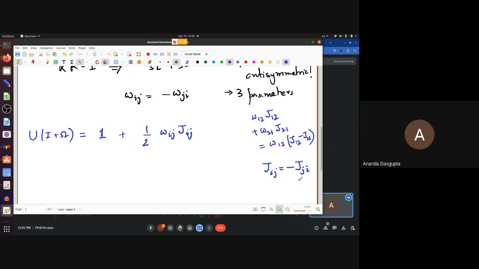We're just dropping that. We are assuming that our J's are defined in this way. So J12 and J21 are negatives of each other, right? And if I do that, then of course this sum actually counts each piece twice, right? So that's why you have a half. Any questions about this?